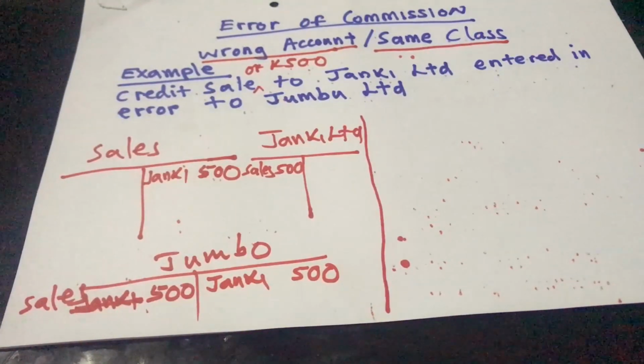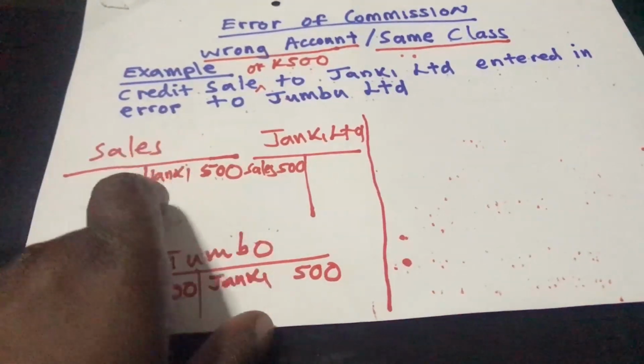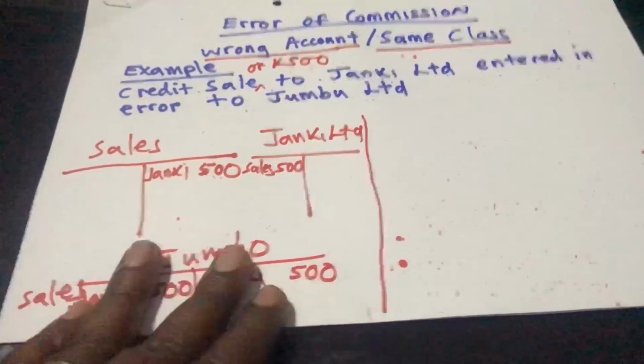Like I said, in accounts we don't rub things out. We just post a different transaction on the other side to cancel out the wrong transaction. So now we've written the correct one in Junkie. So now I have corrected this error.